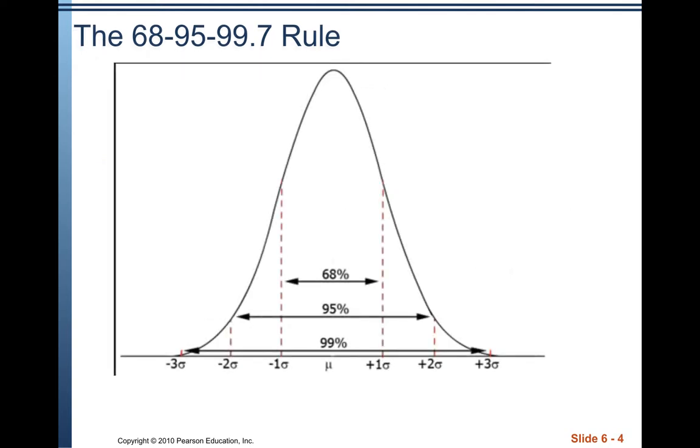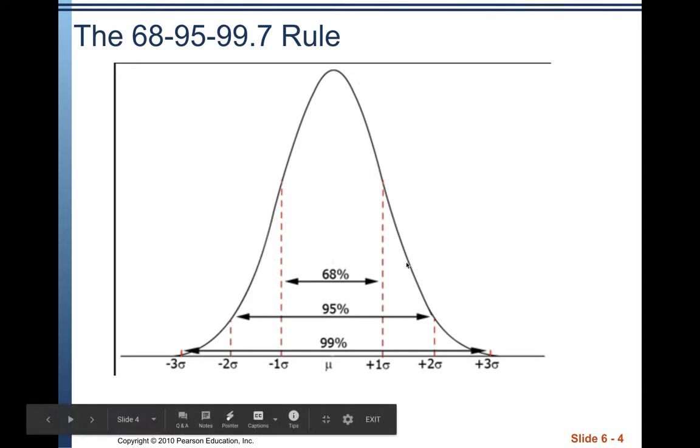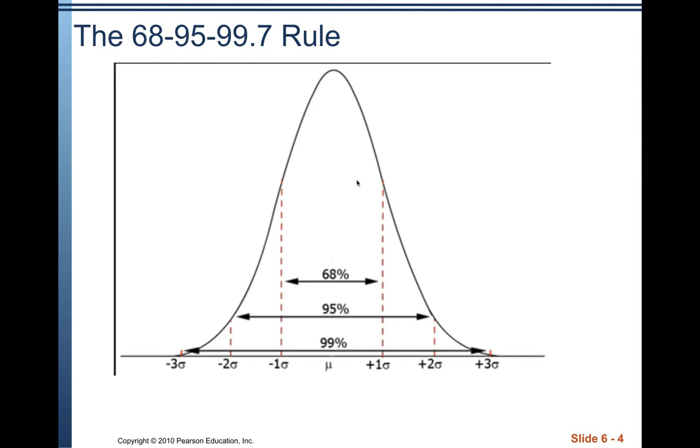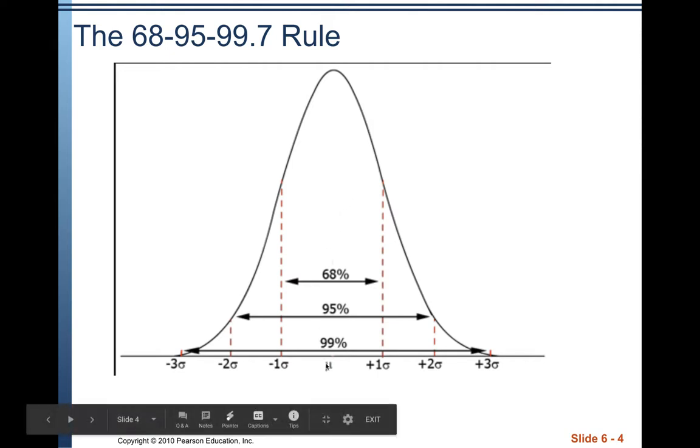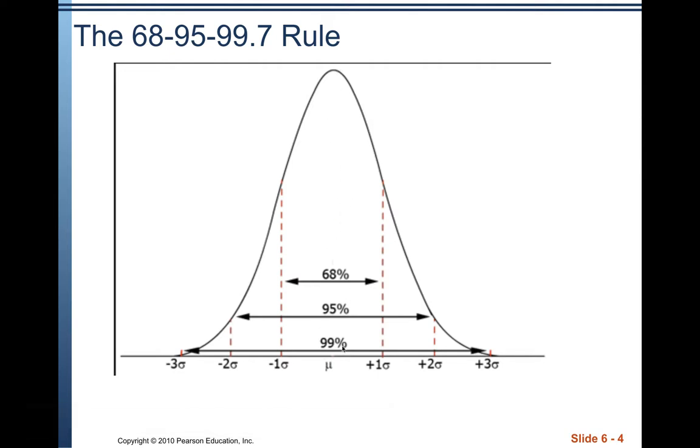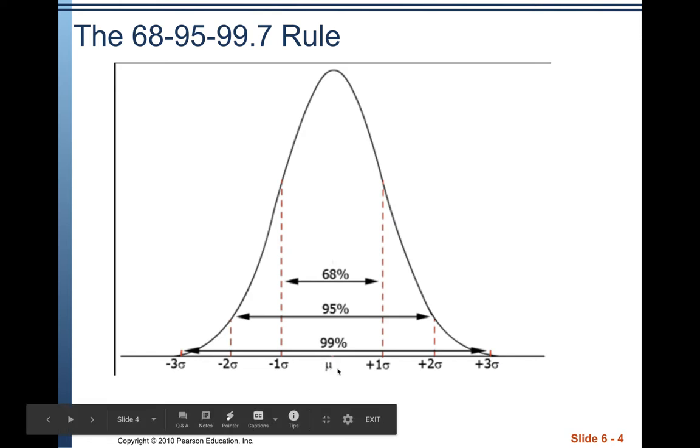Here's kind of a visual picture of what I talked about on the previous slide. You can see we have a bell curve, a normal model that is unimodal and symmetric, and you can see the mean is in the middle. Remember I talked about the other day, this mu here is the Greek letter, the symbol for mean.